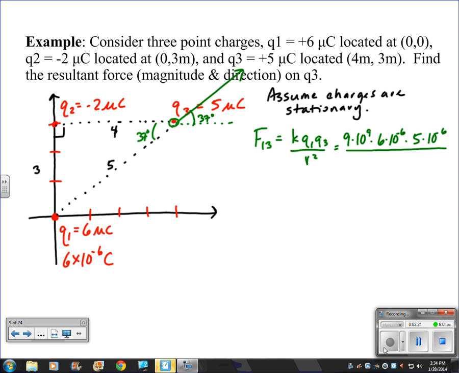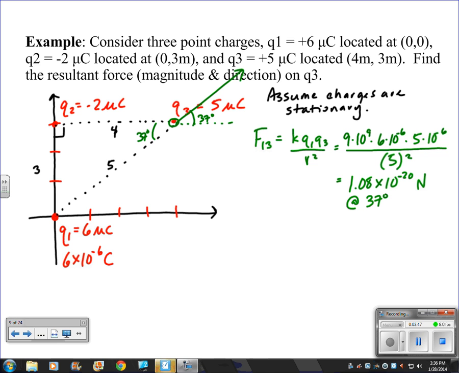And that distance then is 5 meters, and that's squared. And when I compute that value, I get 1.08 times 10 to the negative 20th newtons. And again, that's the magnitude of that force, and it's at an angle of 37 degrees.